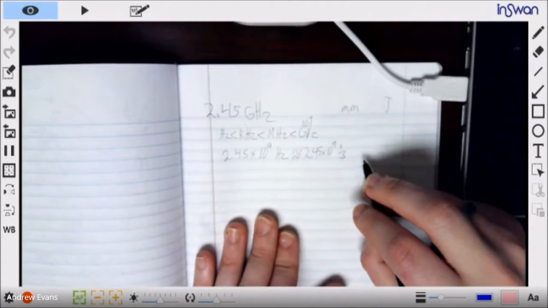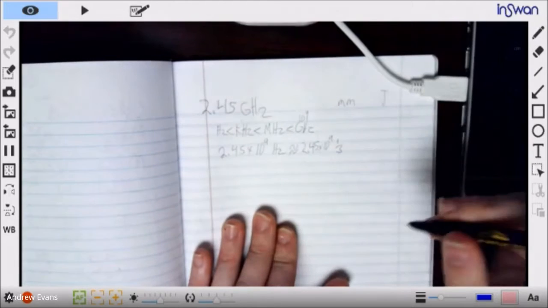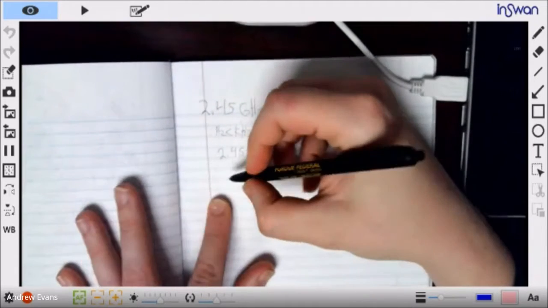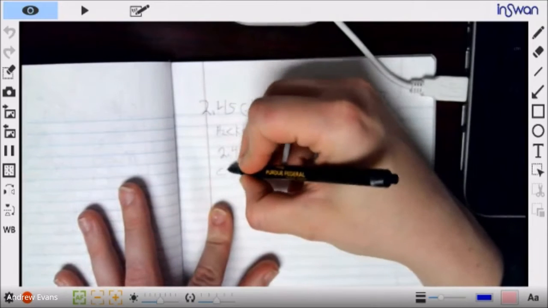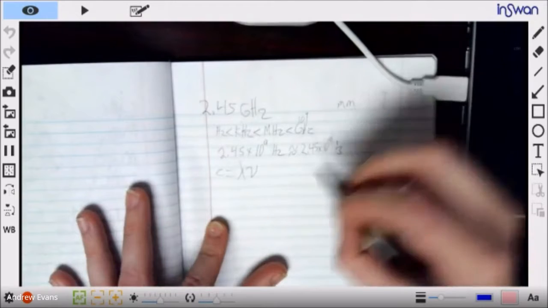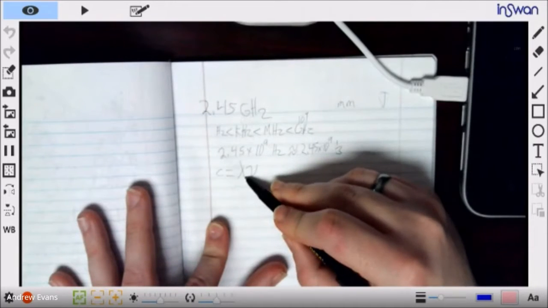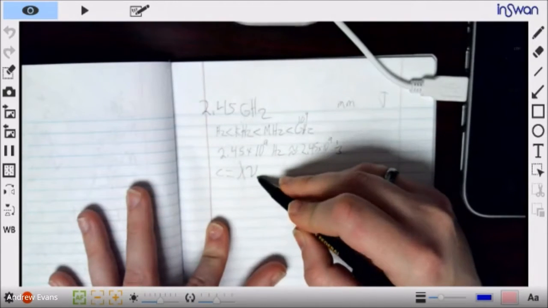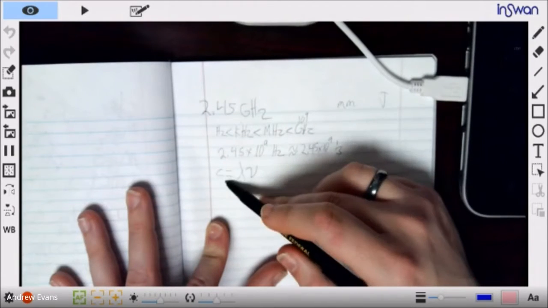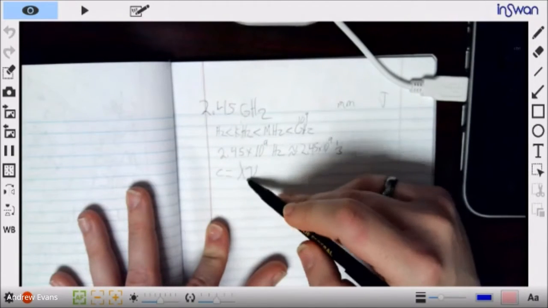Now, the first question is, what is the wavelength? The equation for wavelength is c equals lambda nu. So wavelength is our lambda, frequency is nu, and c is our speed of light. In order to do this, I'm going to take c divided by our frequency to get our wavelength.